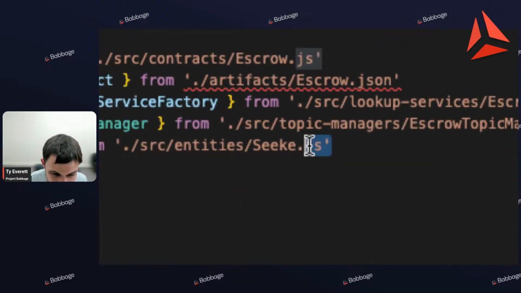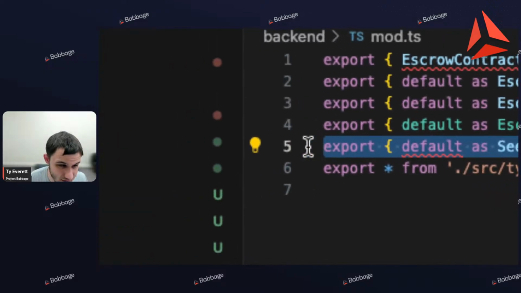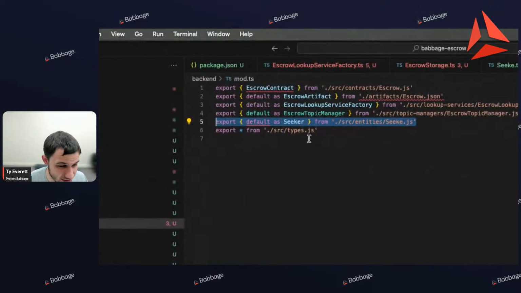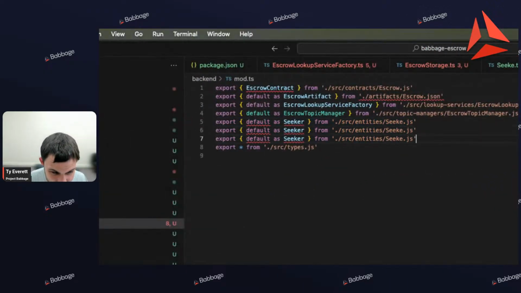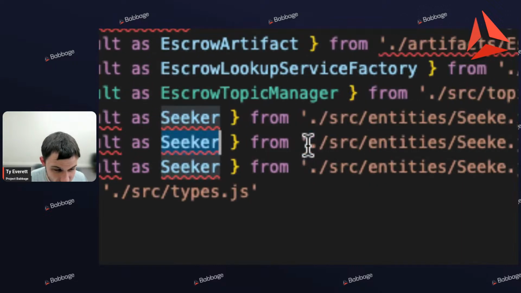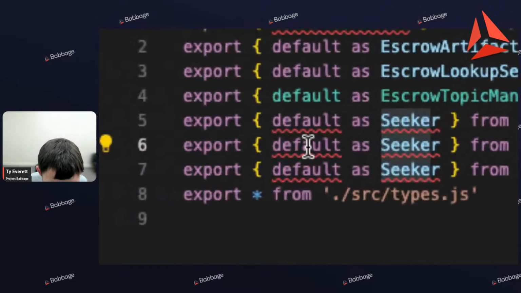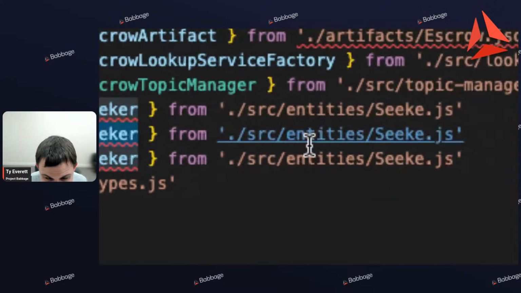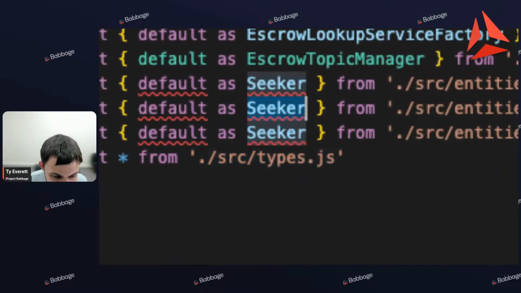Right, we want seeker, and we want, oh, I see.